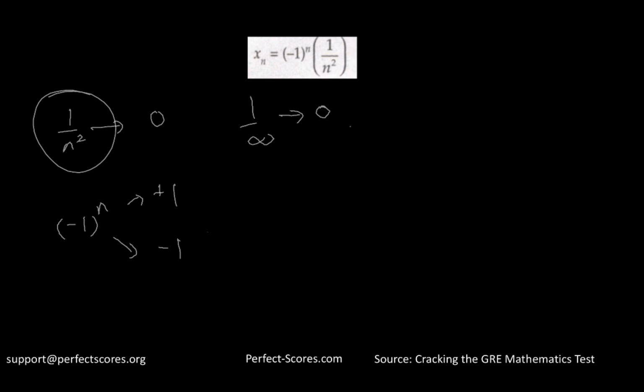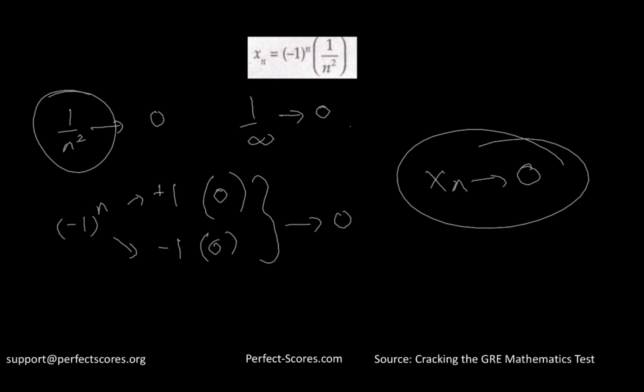So this multiplied by 0 is going to converge to 0. So that means this series xn is going to converge to 0. This is kind of an oscillating series, but it still converges to 0, because of this term right here. So hope you got that, guys. Moving on to the next one.